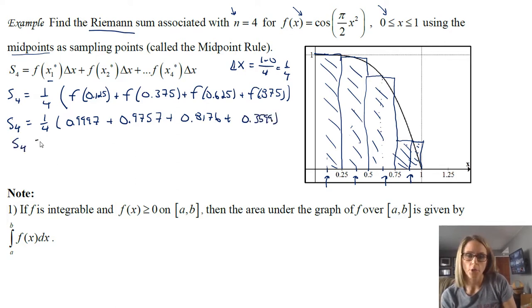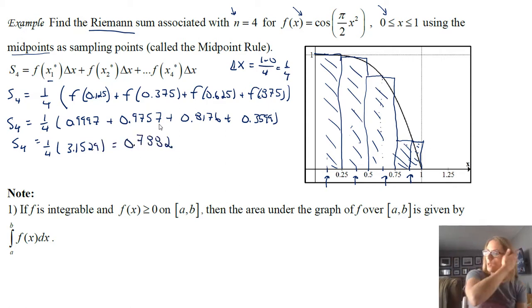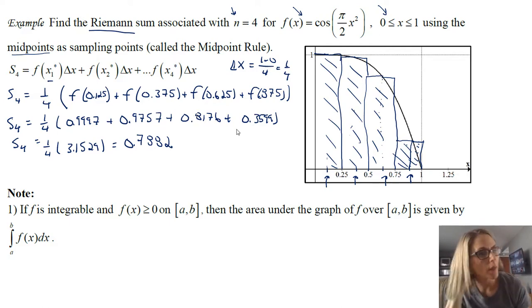And you add those together and you're going to multiply by the 1/4, so you add them together, 3.1529, and the result is 0.7882. So basically this is just, again, just another approximation that I want to mention, the midpoint rule.